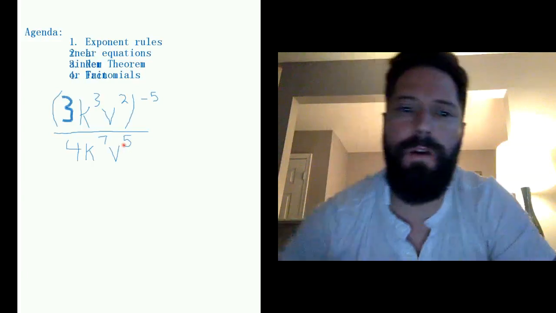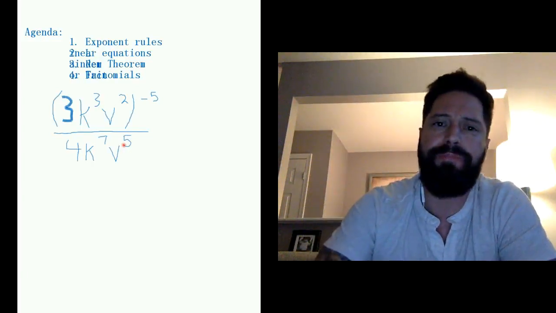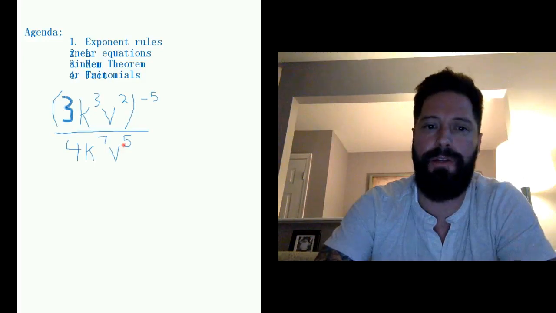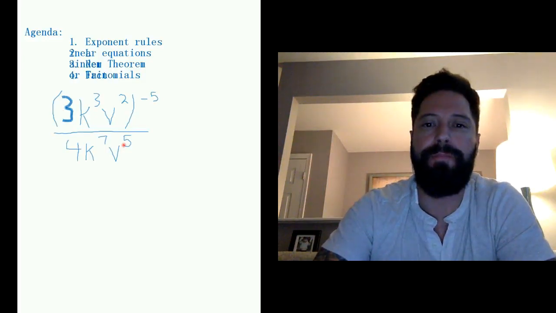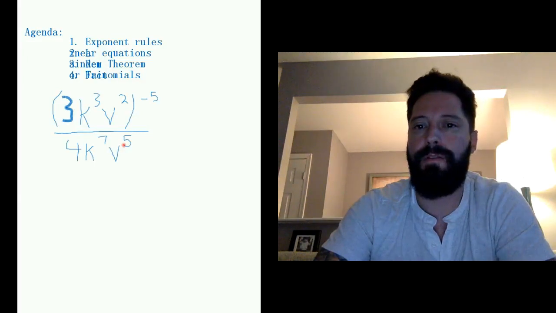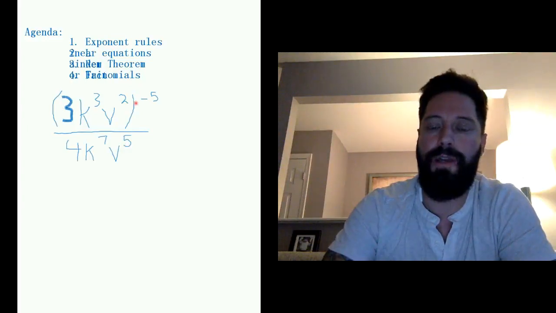Again, I highly suggest that you work these problems out with me. What we're going to do in this situation is, we first distribute the negative. That's always going to be our first move. And it's exponentiation through multiplication. Remember, PEMDAS.